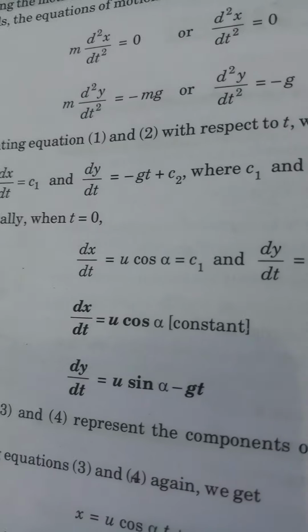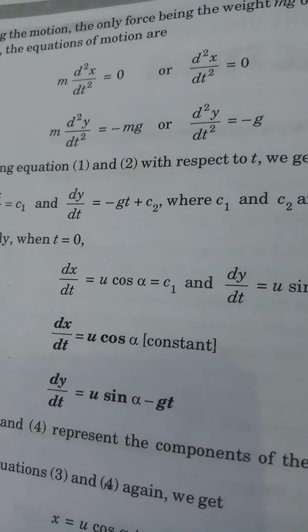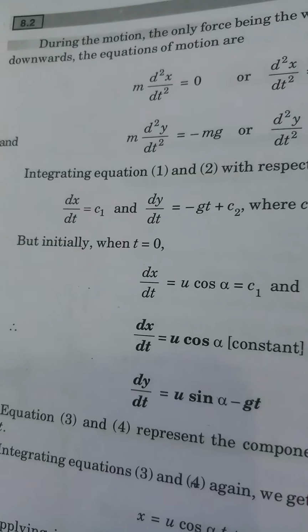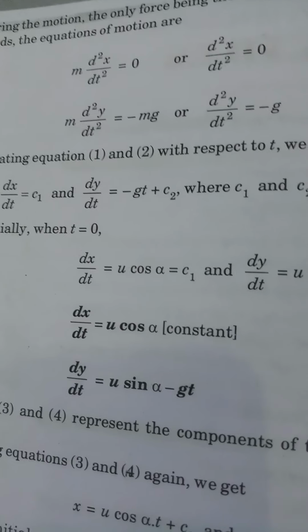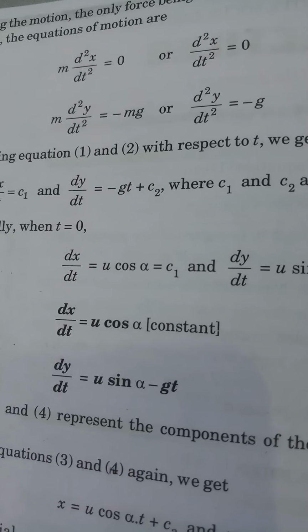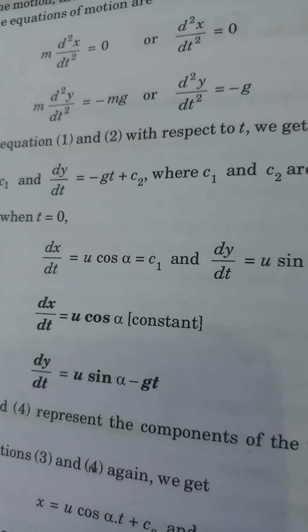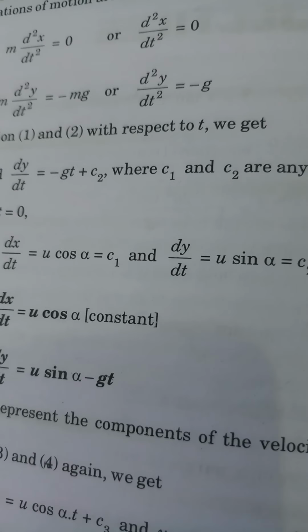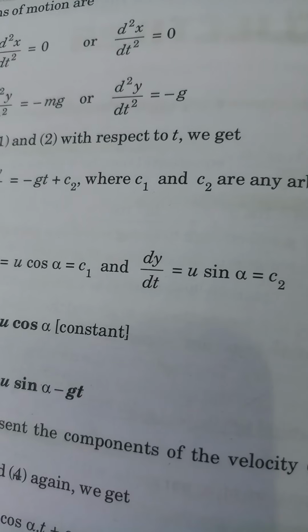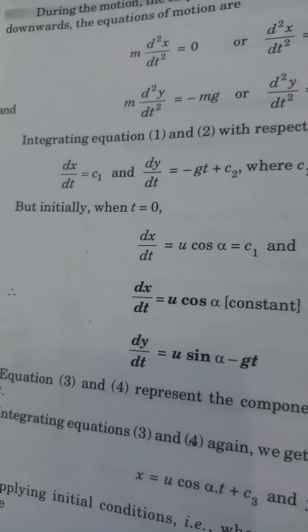This is equation 1. Along the y-axis, m d2y/dt2 equals minus mg. Cancelling m from both sides, d2y/dt2 equals minus g. This is equation 2.